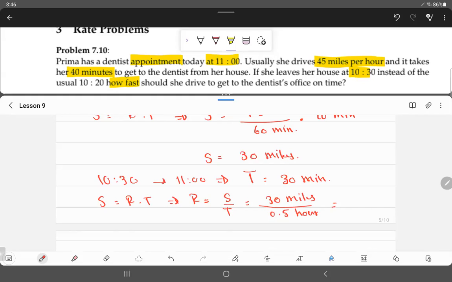And as Krish said, it's 30 over half, which is 60. 60 miles per hour. First of all, we knew the distance between her house and the dentist, because this is constant, fixed, doesn't change. Then we knew the time. Then we got the rate. Right?